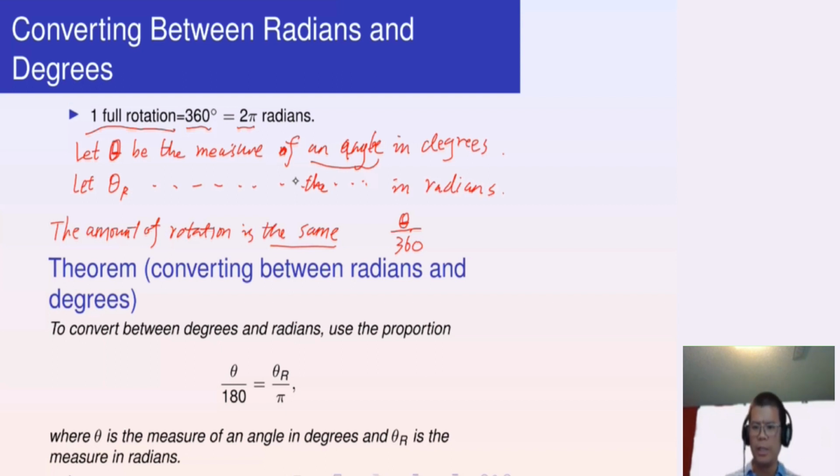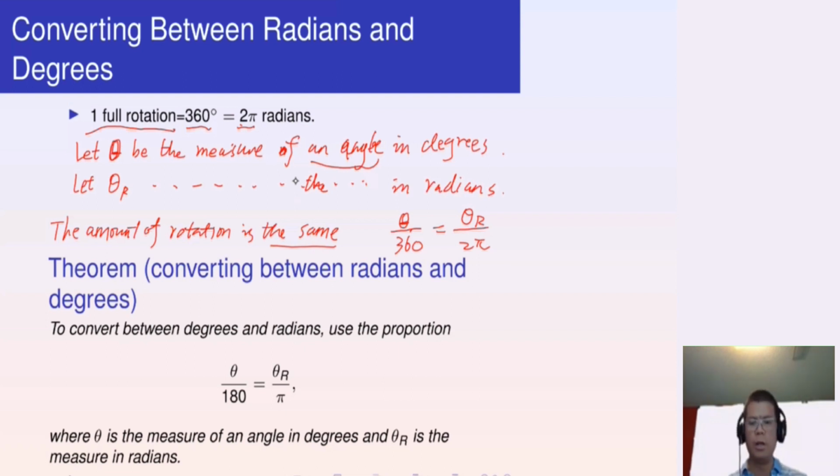Now this fraction should be exactly the same as the fraction theta r over 2 pi, because 2 pi is also a full rotation, correct?